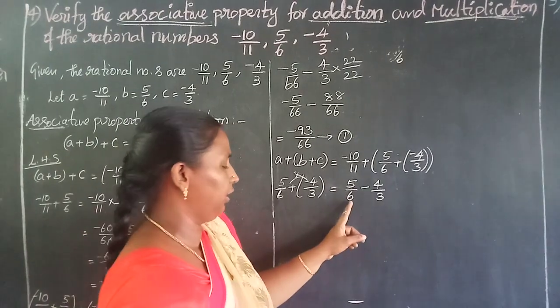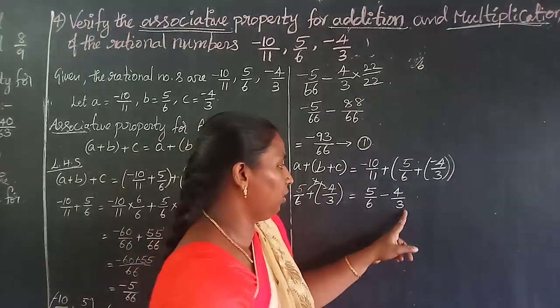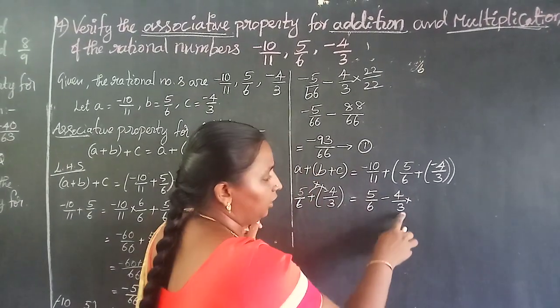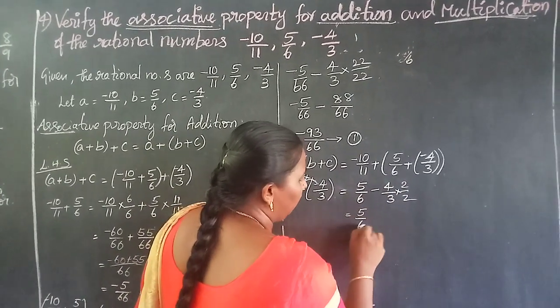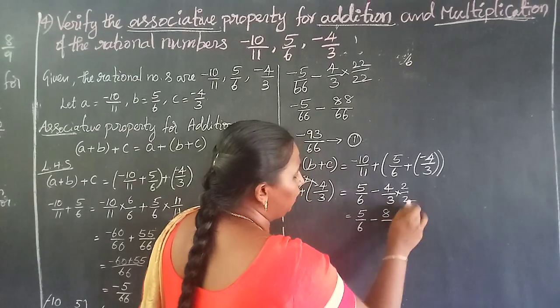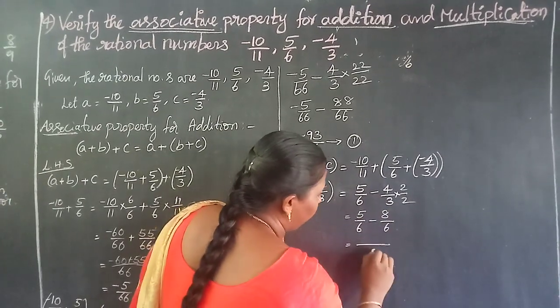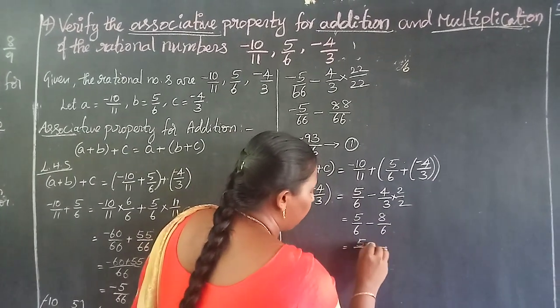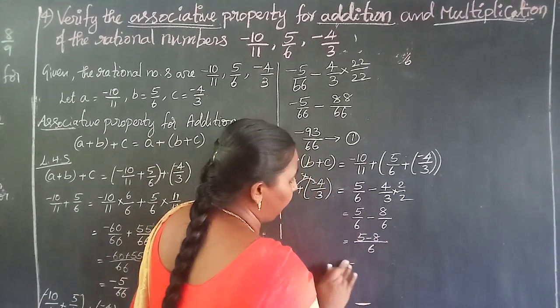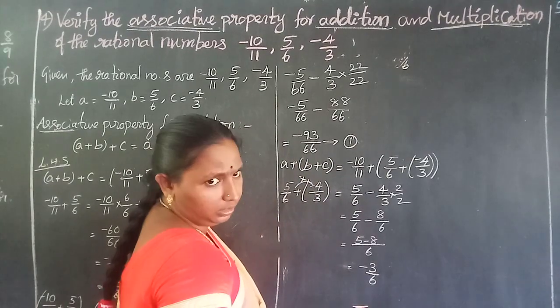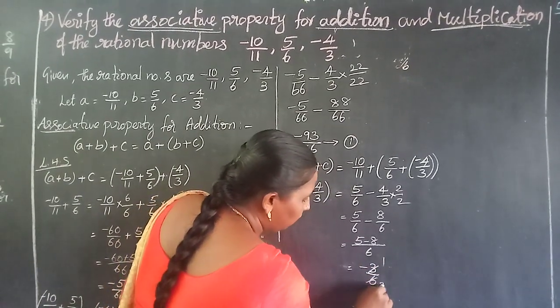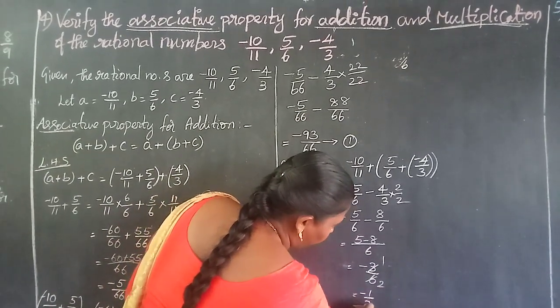Here the denominators are 6 and 3. In the 3 table, how many times do we get 6? 2 times. So 5 by 6 minus 8 by 6, as 3 twos are 6. Now the denominators become the same. So 5 minus 8, what will you get? Minus 3 by 6. You may cancel this: 3 ones are 3, 3 twos are 6. So you get minus 1 by 2.